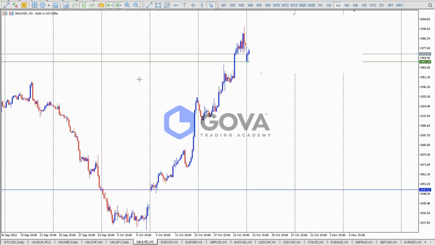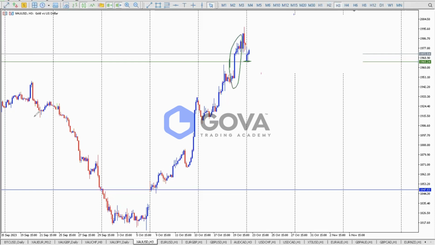What we have is the weekly equilibrium line here, and when we look left, the only formation we see is this formation here.